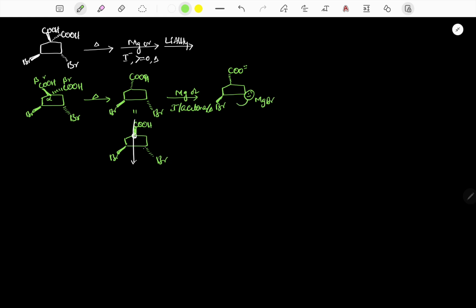Now here the carbanion and the leaving group undergo anti-elimination, and the corresponding product will be formed like this.